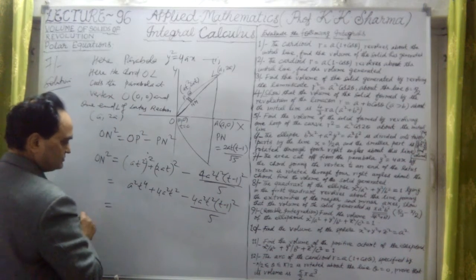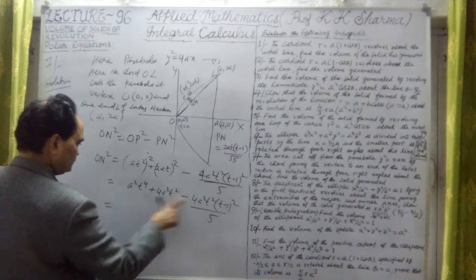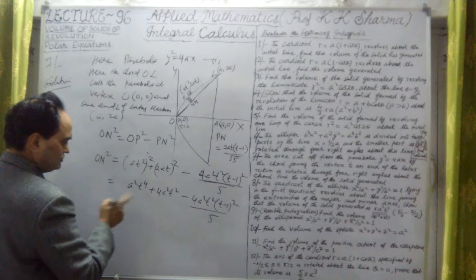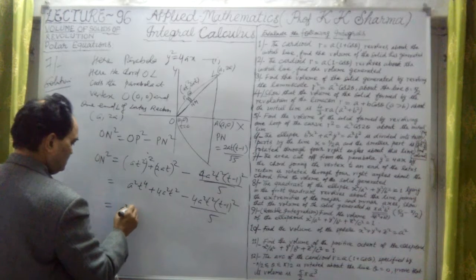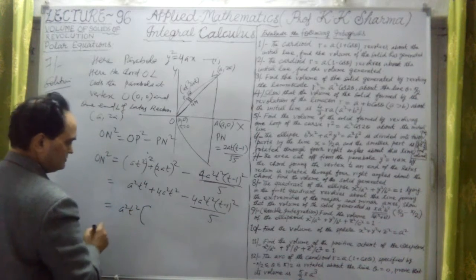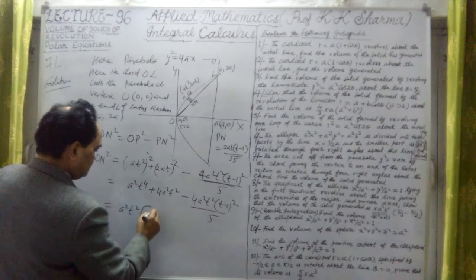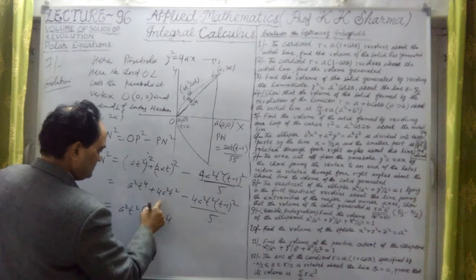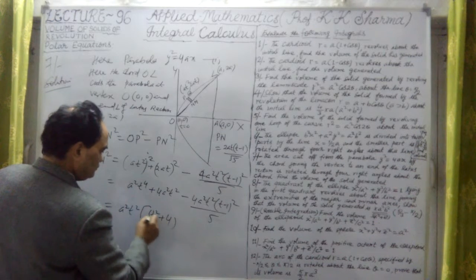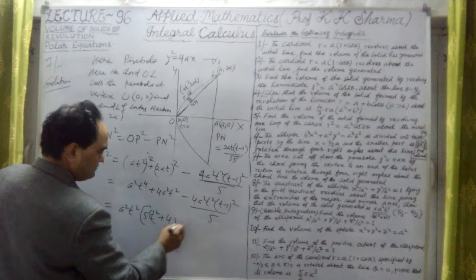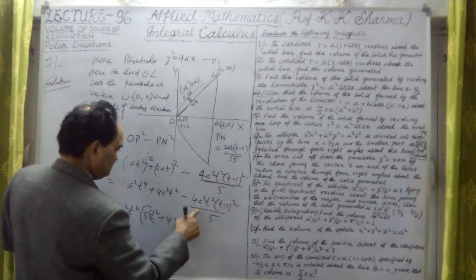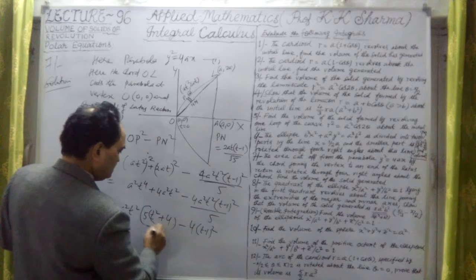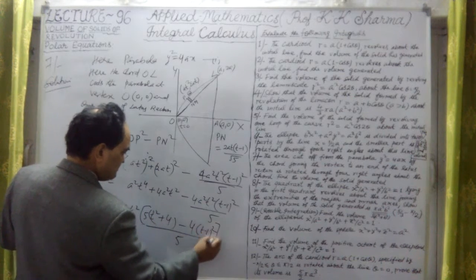If I take a square t square common throughout, it will give us t square plus 4, with LCM 5, minus 4 into t minus 1 whole square, divided by 5.